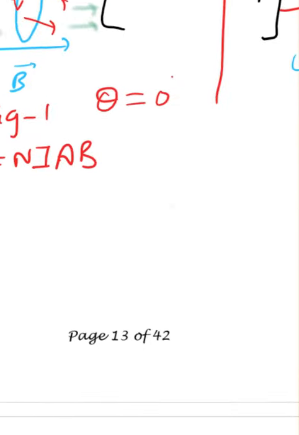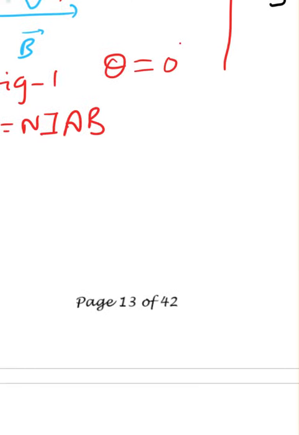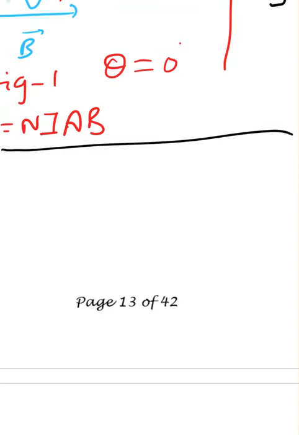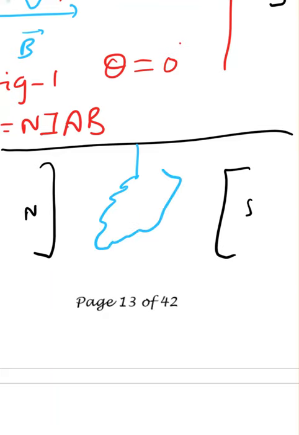So now the question is, what if I take a magnetic field and place a loop of irregular shape? Now here if you pass current, you will see that after some time it will assume a circular shape.